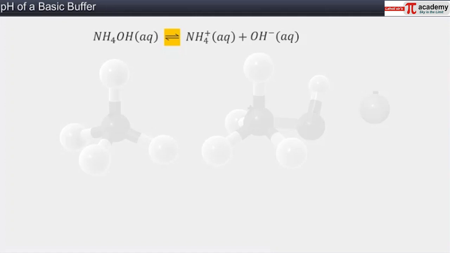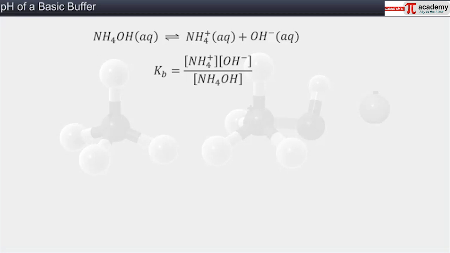There exists equilibrium between ammonium hydroxide molecules and ammonium and hydroxide ions. For the equation, the base dissociation constant Kb is equal to concentration of ammonium ions multiplied by concentration of hydroxide ions divided by concentration of ammonium hydroxide.